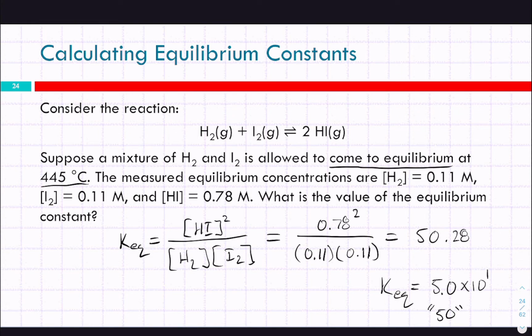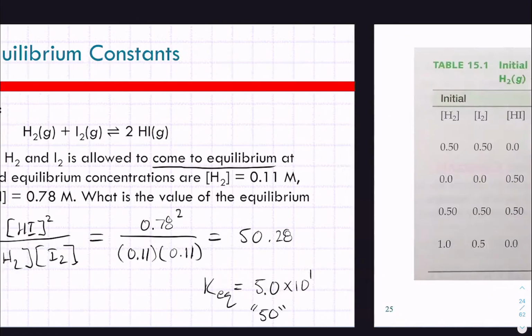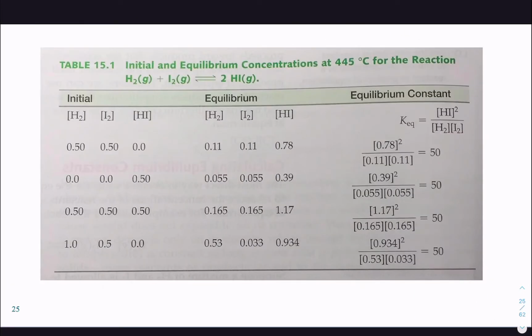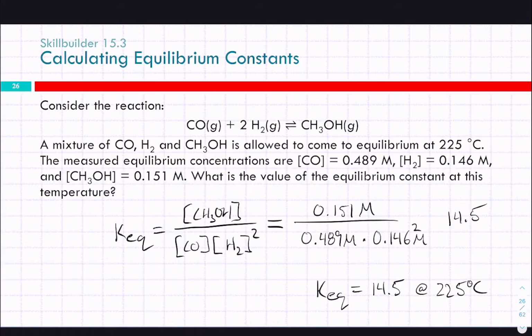And then for future reactions, you could say, if we have an initial amount of hydrogen and iodine for this reaction, how much hydroiodic acid will we make at the end of that reaction? And how much hydrogen and iodine will we have left over that did not react? You can do that for any of these different scenarios. The ratio will be the same. So this gives us a convenient way to calculate these things.